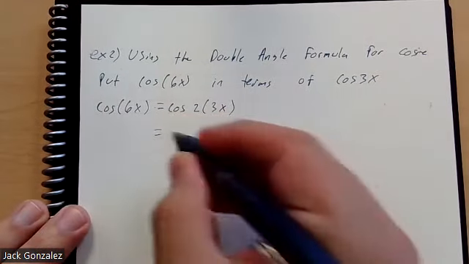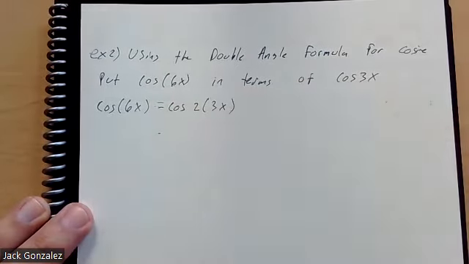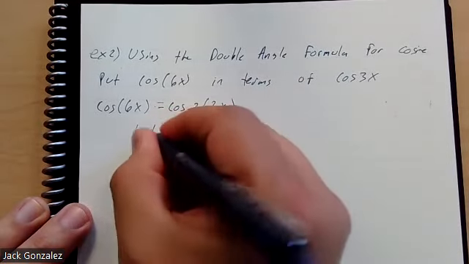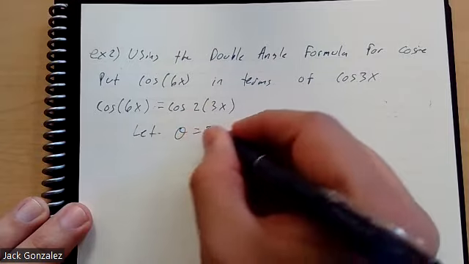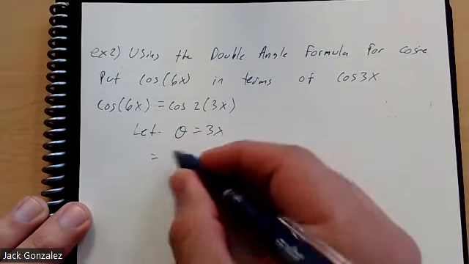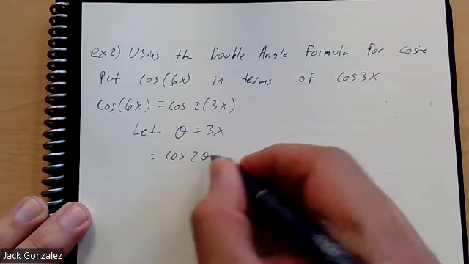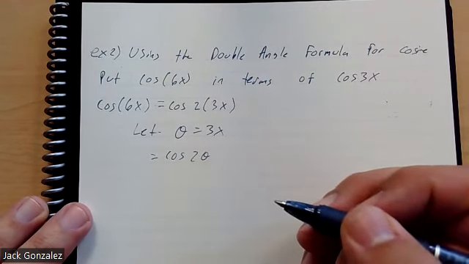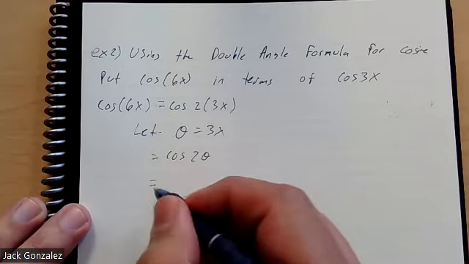So right here, let's try an extra step so it makes more sense. Let theta equal 3x. That would mean that we have cosine 2 theta. So apply your formula.